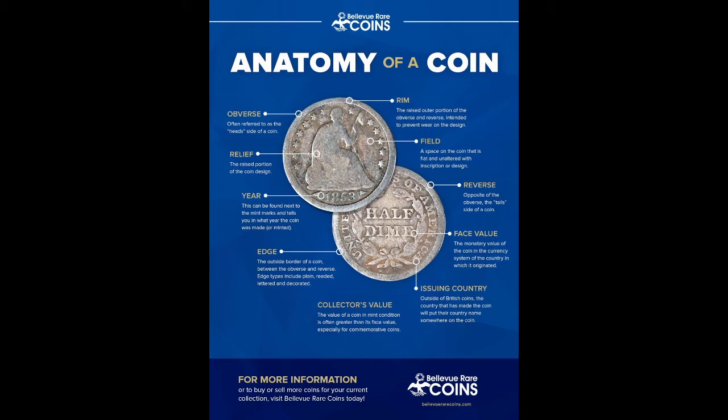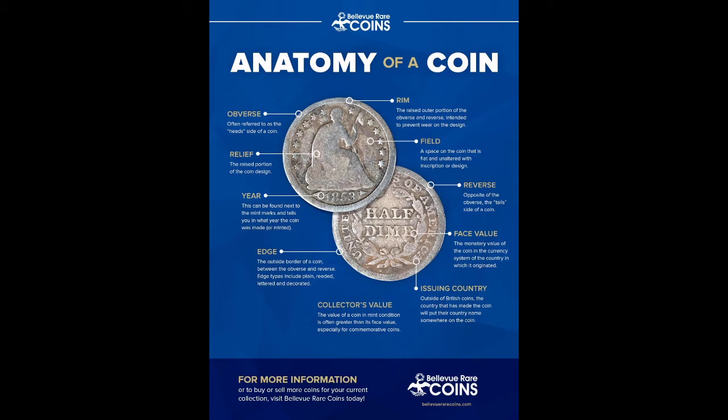Obverse is basically the heads side of a coin. The rim is the raised outer portion. Relief is the raised portion of the coin design. Field, a space on the coin that is flat and unaltered with inscription or design.